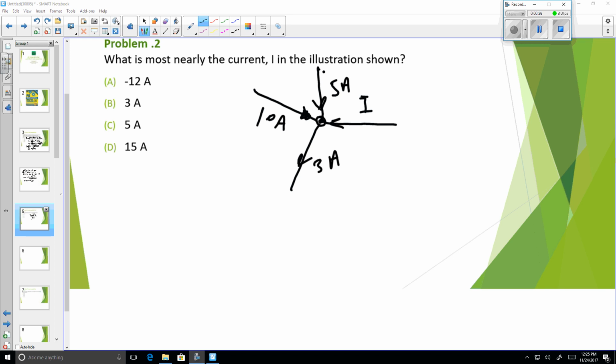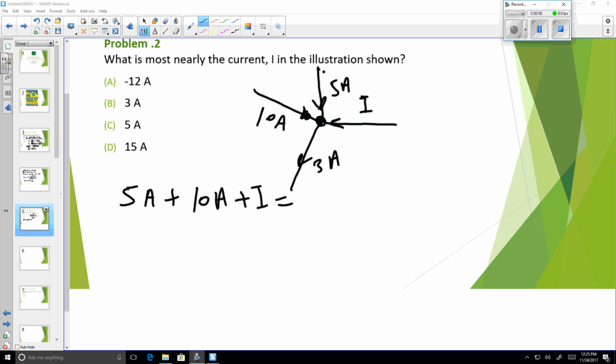So clearly here, if we apply Kirchhoff's current law, the current entering the node, we have three currents: the current 5 ampere, the current 10 ampere, and the current I. So if we add them up, 5 ampere plus 10 ampere plus I, according to Kirchhoff's current law, is equal to the current leaving this node.